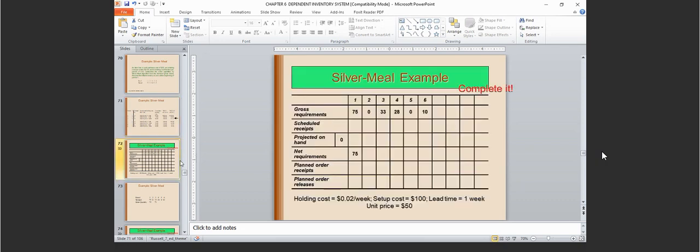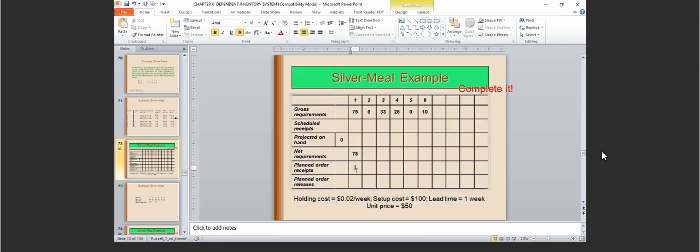So the planned order receipt here will be 75. And we have the lead time, so the planned order release will be 75 in the previous period.